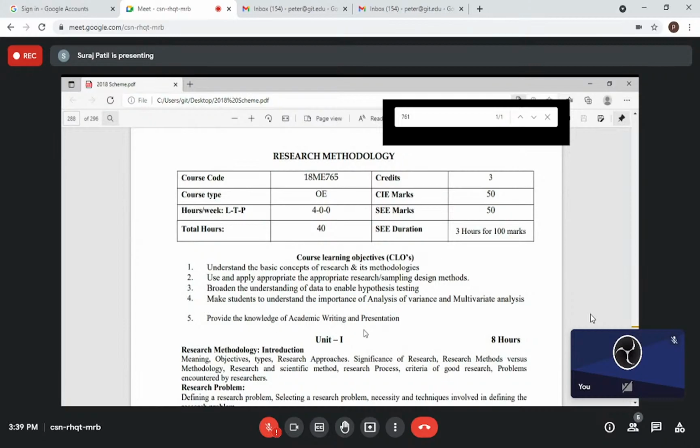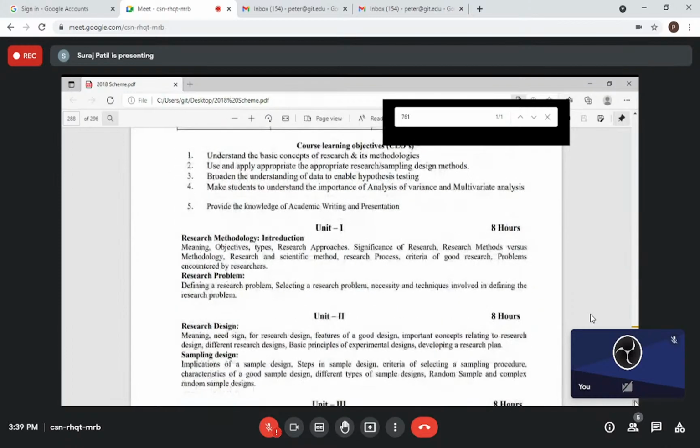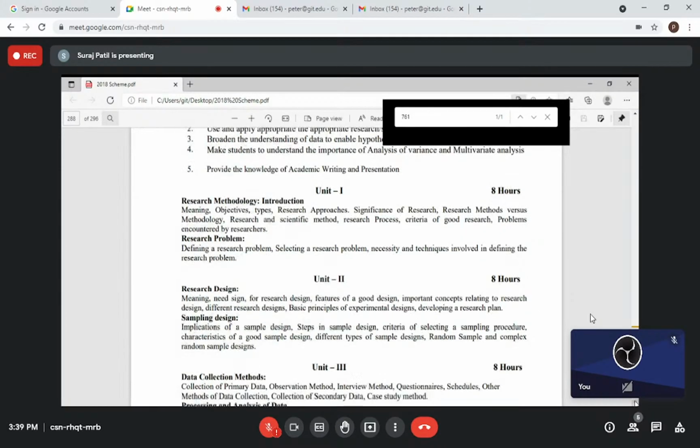Thus, the research methodology is divided into 5 units. Unit 1 is the introduction, wherein the types of research, significance of research process, understanding and defining a research problem, selecting a research problem, and the techniques involved in research problem will be learned. This is very essential for any type of improvement in design, modification in design, or coming up with new concepts.